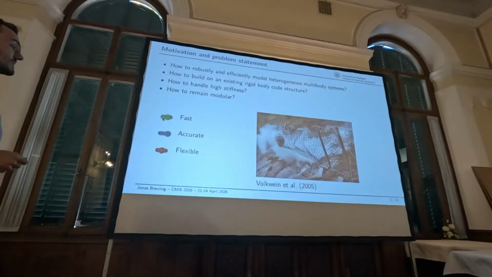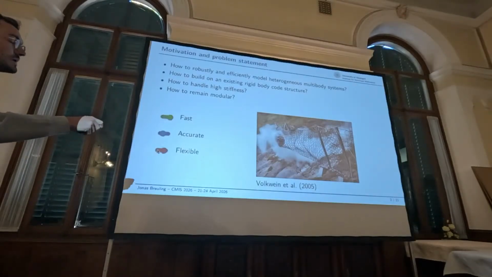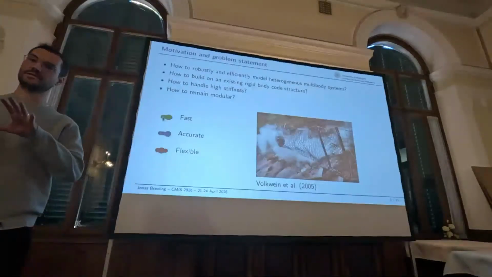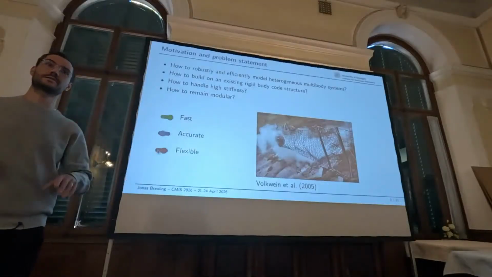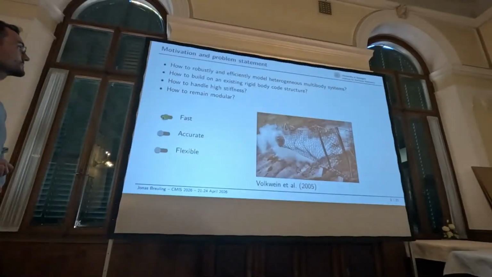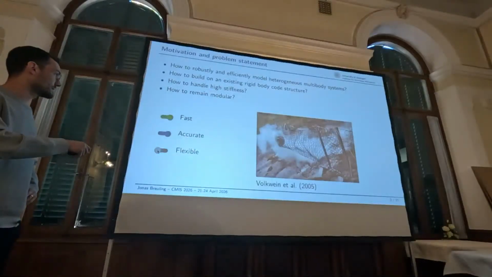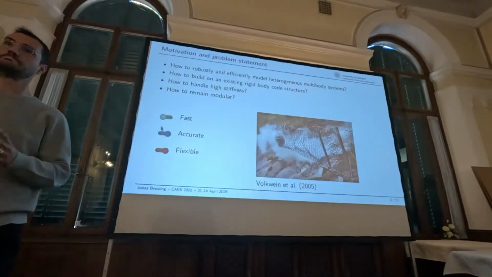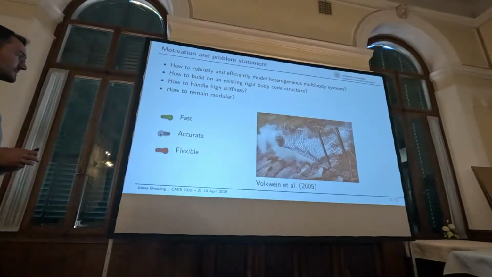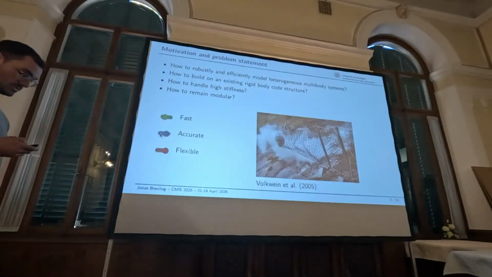In a dream world, I would like to build this on a rigid body code structure because it's very versatile. We can use all the nice collision detection from that. But we have to handle high stiffnesses and want to remain modular. It turns out that these are quite opposing directions. So let's see if this worked out. That's the main motivation behind that.